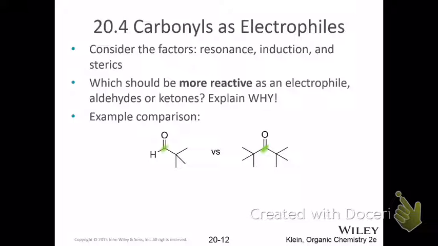The one on the left. Yeah, the aldehyde, because it doesn't have the alkyl group, right? These alkyl groups are electron donating groups, and they tend to push electron density towards that carbon. So this one is more electrophilic because the hydrogen can't hyperconjugate and donate electron density. Plus, there's a lot less steric strain in that location.